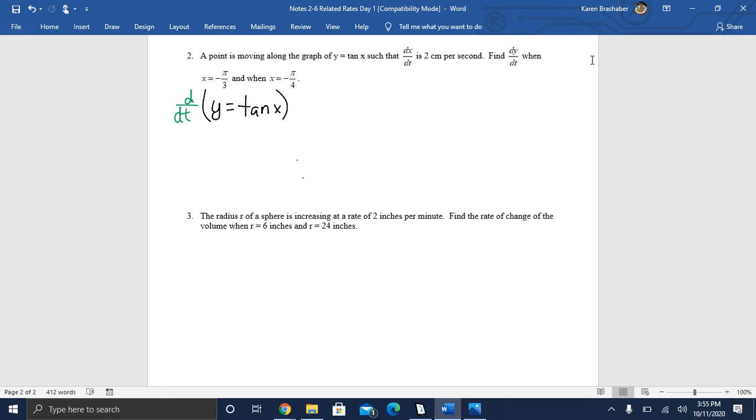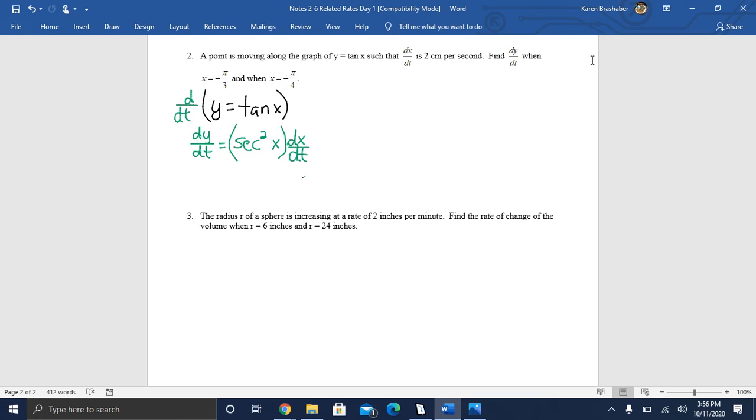And so that would make us have dy/dt equals, and then the derivative of tangent, which is secant squared. We keep our angle x, but because our angle is an x and we're doing the derivative with respect to time, we'll have to multiply that by dx/dt.